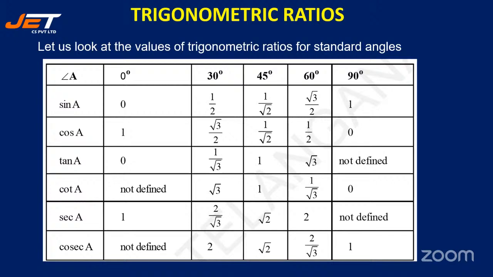So 1 by 1 is 1. 1 by root 3 by 2 is 2 by root 3. 1 by 1 by root 2 is root 2. 1 by 1 by 2 is 2. And reversing for cosecant: root 2, 2 by root 3, 1 by 1 is 1.